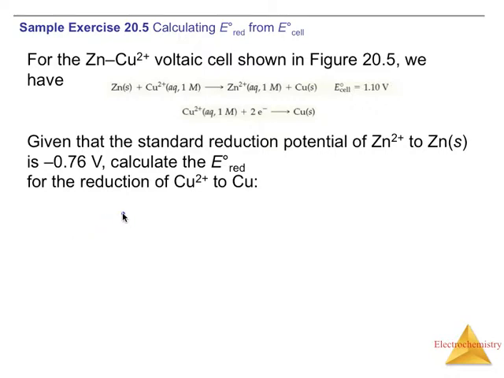Well, let's write what we know here. We have zinc plus 2 plus 2 electrons going to zinc metal, which has a reduction potential of negative 0.76 volts.